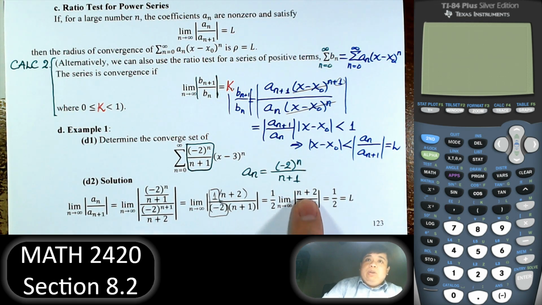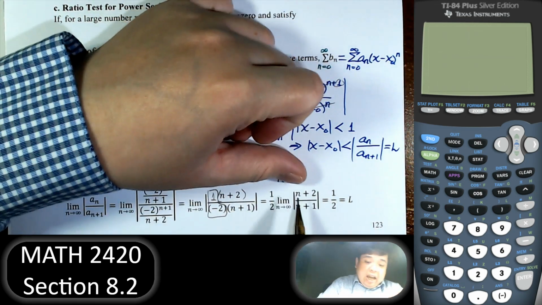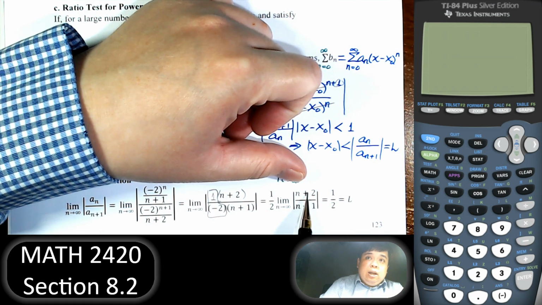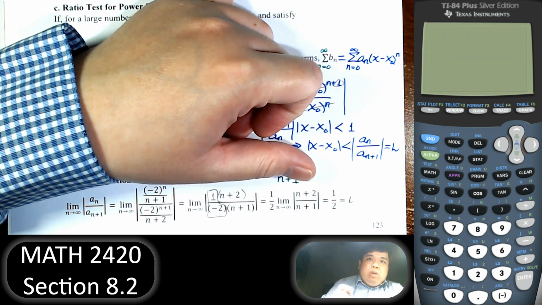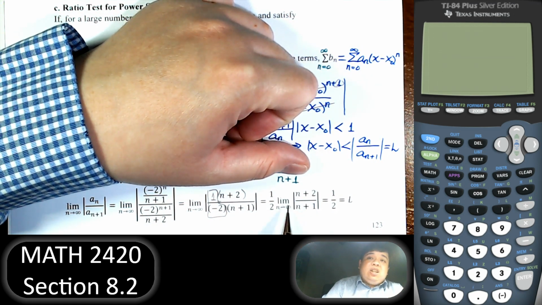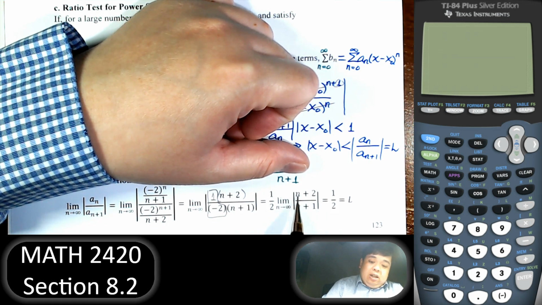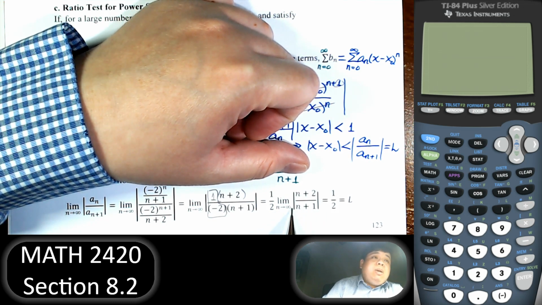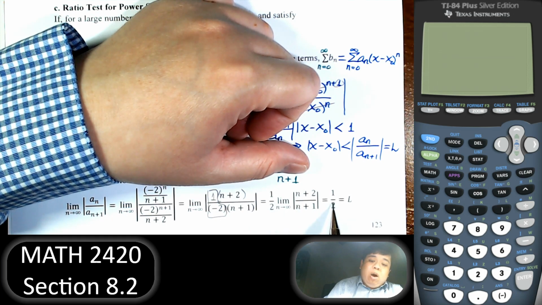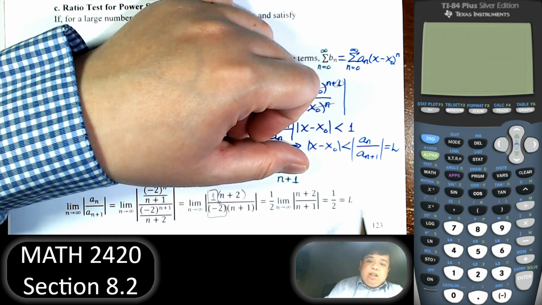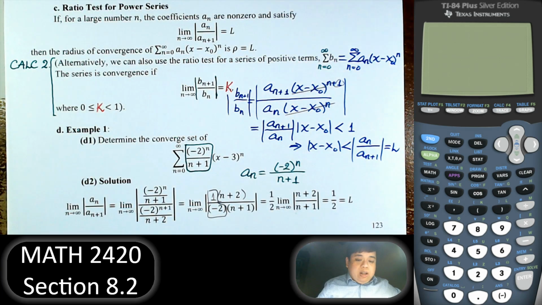When n goes to infinity, n is extremely big. n plus 2 is just n, because 2 is insignificant compared to n. Same thing, 1 is insignificant compared to n. Because n goes to infinity, the highest power matters, and we just have n over n cancel out, which is 1. So this equals 1/2, equal to L. So that's why the radius of convergence is 1/2.